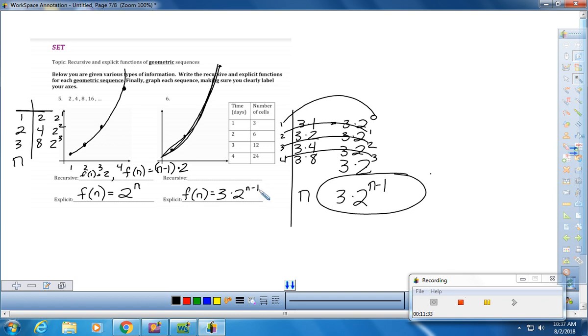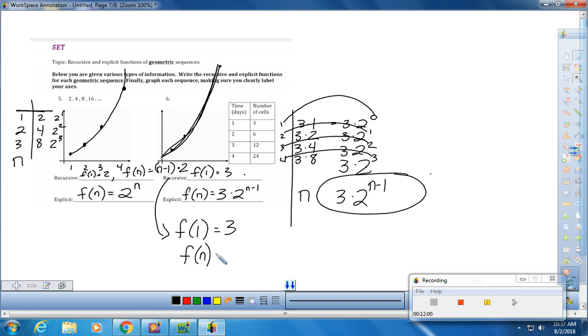It's the hardest thing you're doing in this class right now. But I don't want you to be worried that it's difficult. That's the whole point. It's great. Okay? The recursive is let the first one, f of 1, is 3, and f of n, here, let me finish this recursive down here. F of 1 is 3.